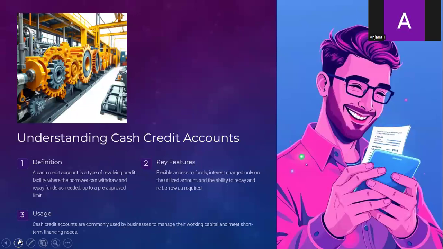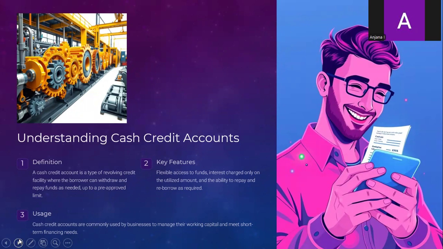Now let's understand a cash credit account. A cash credit account is a type of revolving credit facility where the borrower can withdraw and repay funds as needed up to a pre-approved limit. Suppose you have a 2 crores CC limit, and assuming the drawing power is also 2 crores, then you can use the account up to 2 crores.